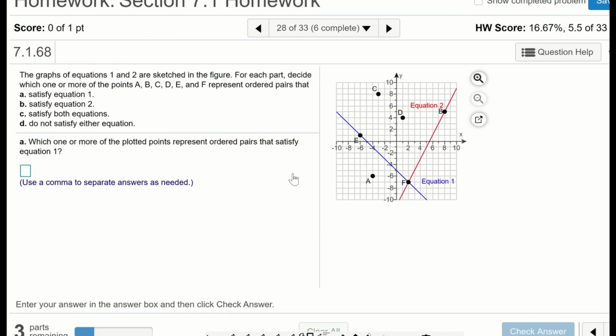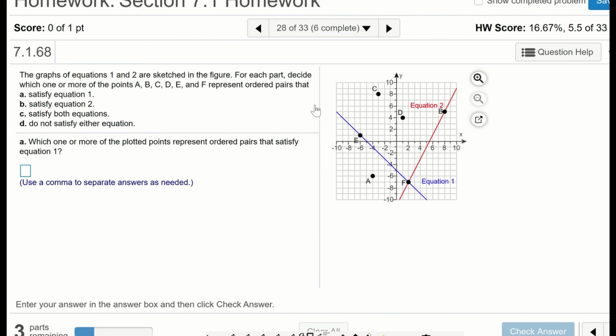So here's a good problem that shows our understanding of some of this material. The graphs of equations 1 and 2, equation 1 in blue, equation 2 represented by the red line, are shown here, and for each part decide which one or more of the points A, B, C, D, E, and F represent ordered pairs that satisfy equation 1.